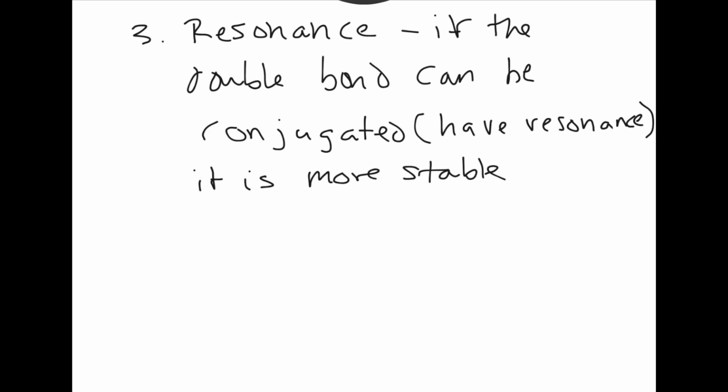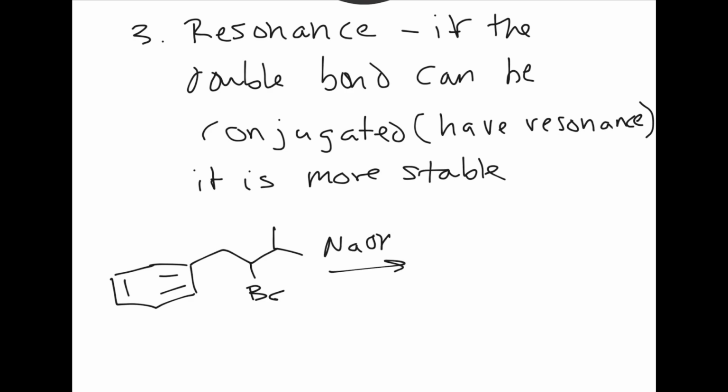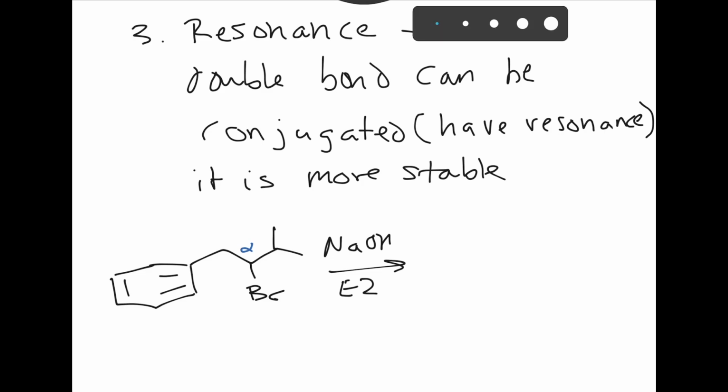So let's say you have something that looks like this. I've got my alpha, beta 1, beta 2. Zaitsev's rule says make your double bond to beta 2.